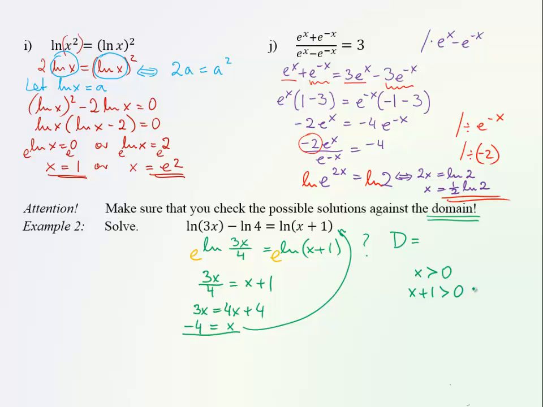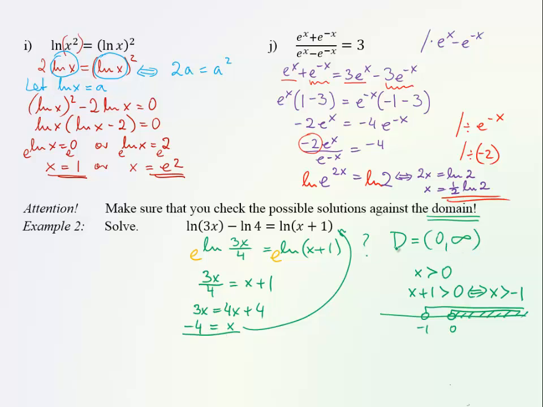This condition is equivalent to x is bigger than -1. So if I have something bigger than -1 and bigger than 0, obviously the stronger condition is bigger than 0. So this will be the overall domain from 0 to infinity.